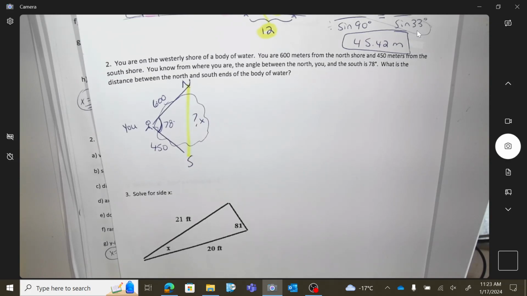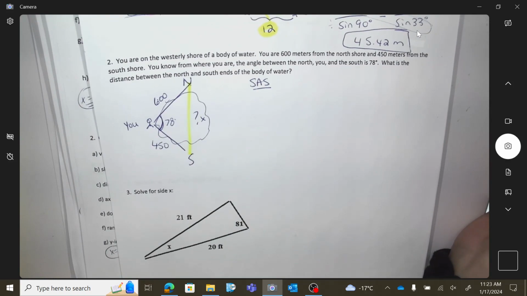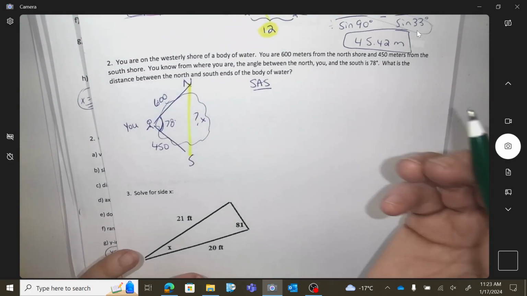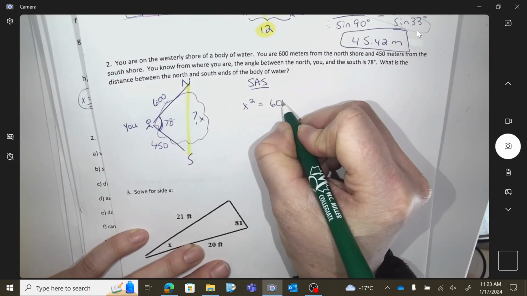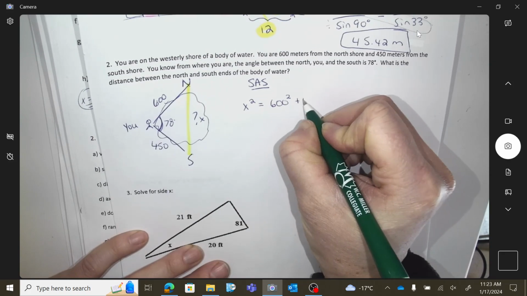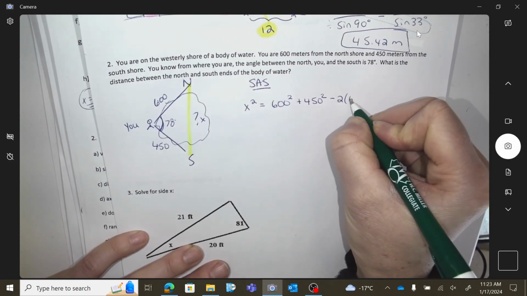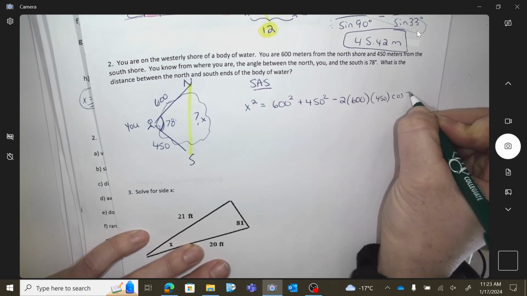Okay, so I've already heard somebody say they recognize a SAS situation, which is cosine law. So x squared equals 600 squared plus 450 squared minus 2 times 600 times 450 times cos 78.